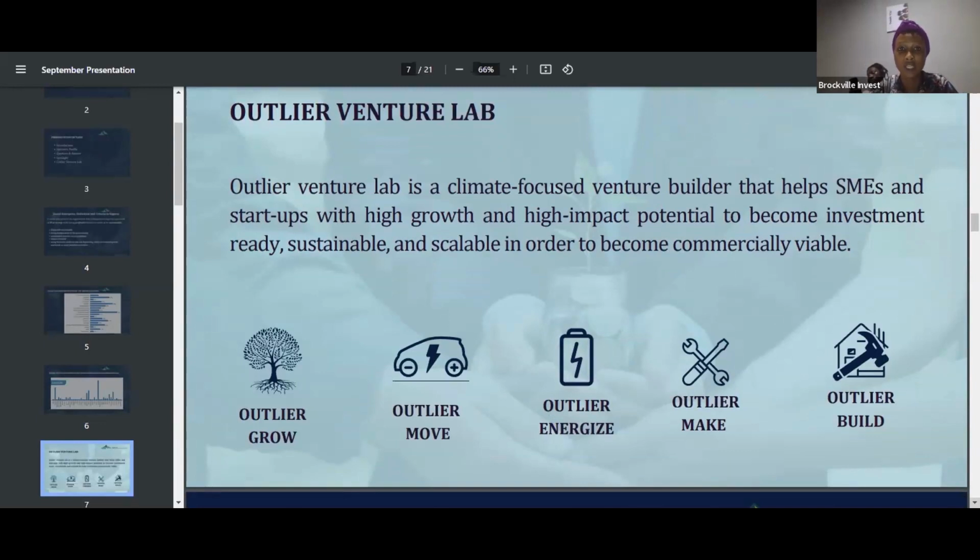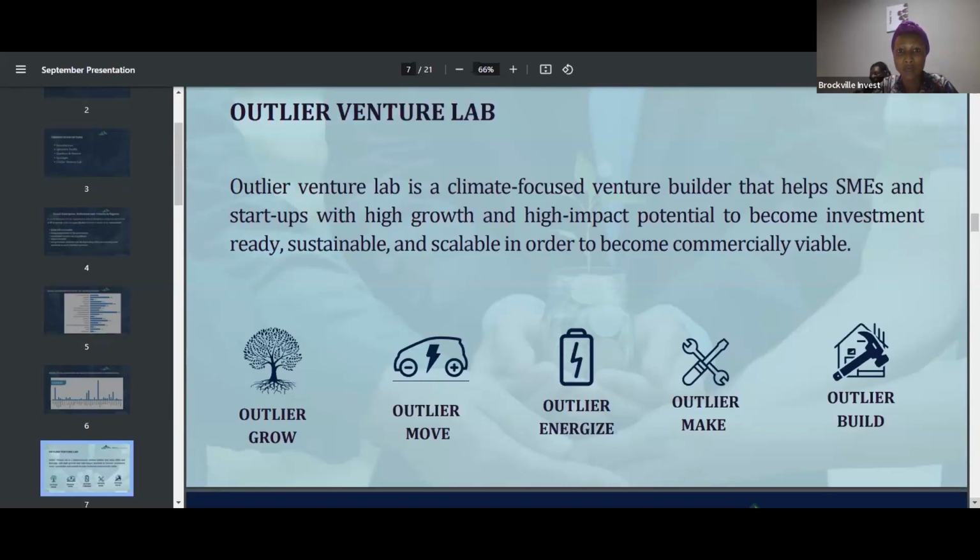So what this means in short is that Outlier Venture Lab helps you to close the gap between your business and the investors. It doesn't matter what stage you are at, probably pre-seed stage, or your business is ongoing.